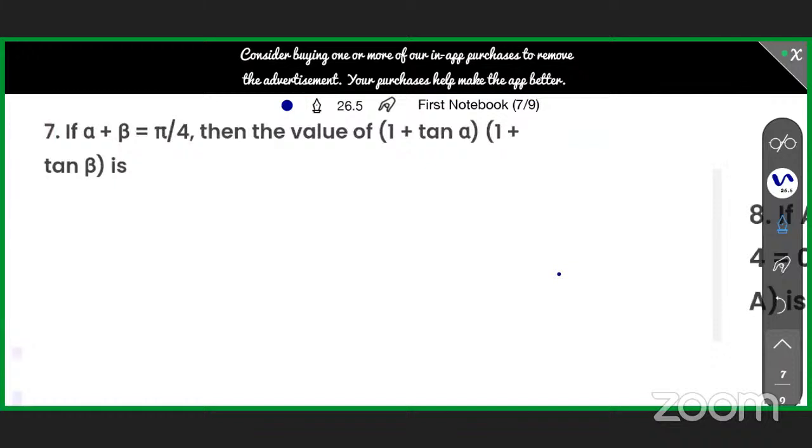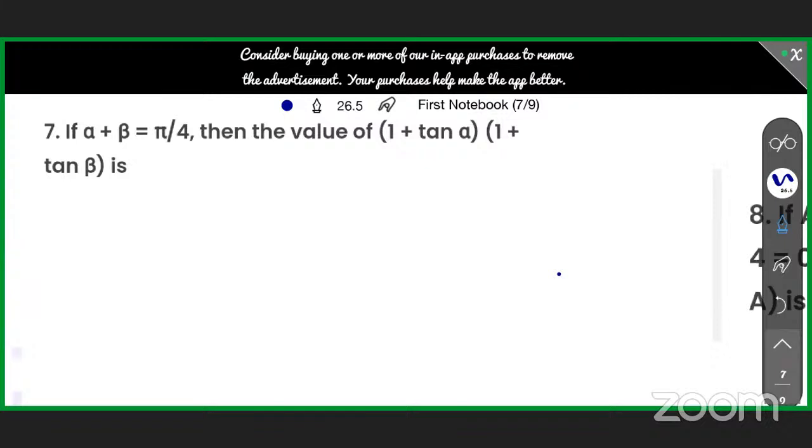If alpha plus beta is equal to pi by 4, then the value of 1 plus tan alpha into 1 plus tan beta is equal to dash. That is telling, if alpha plus beta is equal to pi by 4, then the value of 1 plus tan alpha into 1 plus tan beta is equal to dash.